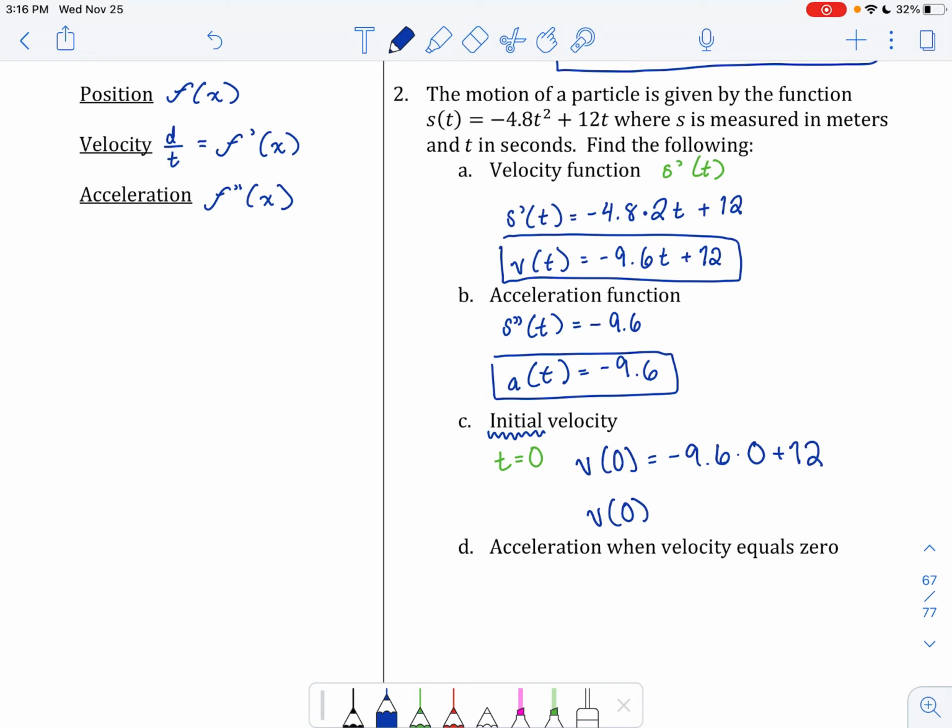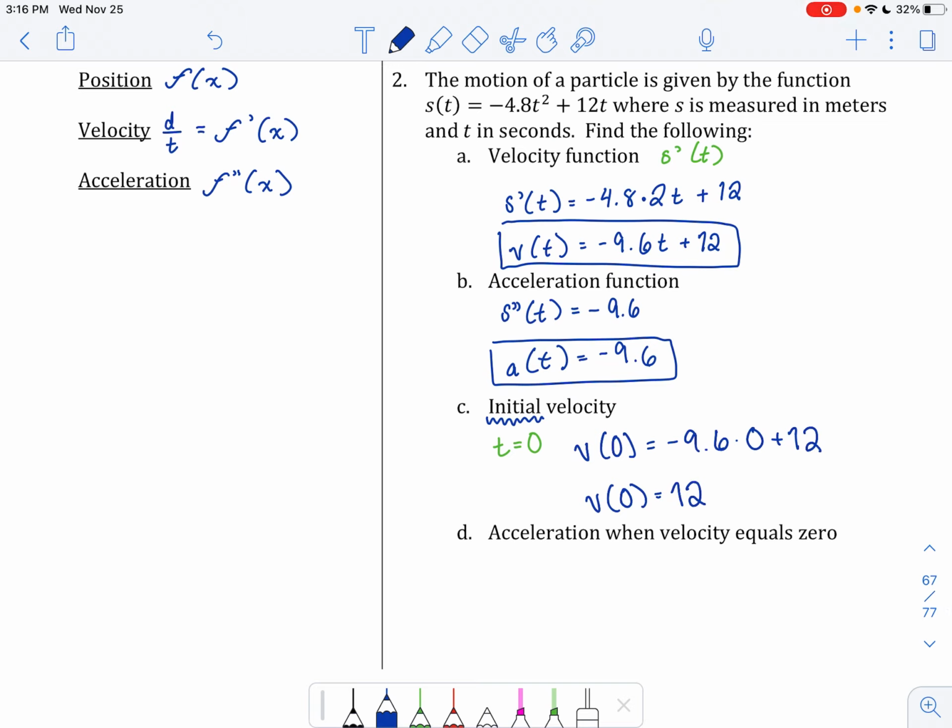And so v of 0, the initial velocity, is 12. And often with these problems, we're going to include a unit, and that's why they tell us we're talking about meters and seconds. And since velocity is distance over time, this would be meters per second. Don't forget the units right there.